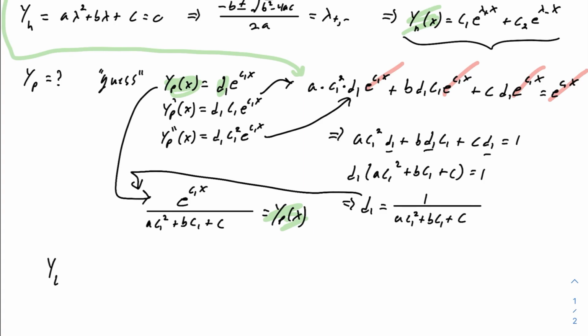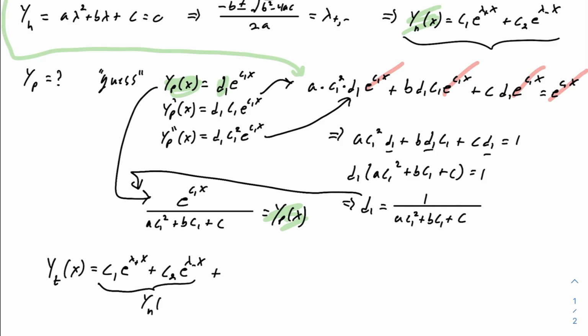So I like to say our total solution, which is the subscript t right there, is equal to c1 e lambda plus times x plus c2 e lambda minus x plus, so I'll write it out again.